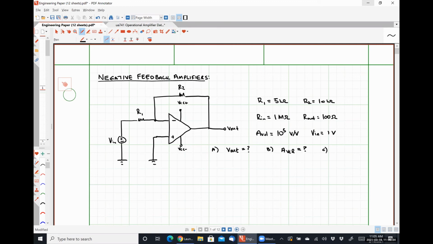We are going to try to find the input resistance as seen by our input voltage source. So we're going to be applying Thevenin's theorem. We are going to try to find our output resistance as seen from looking into the output terminal.